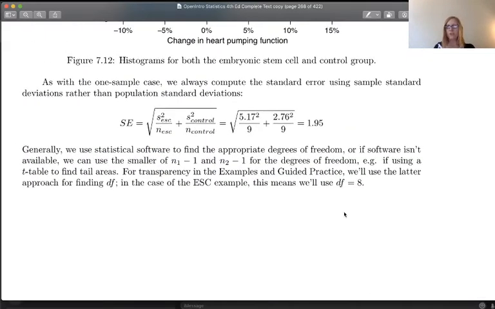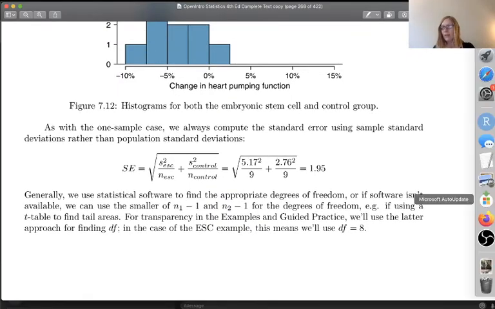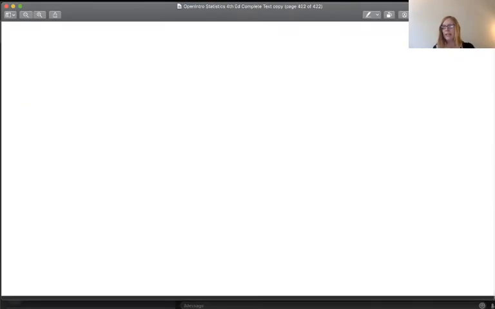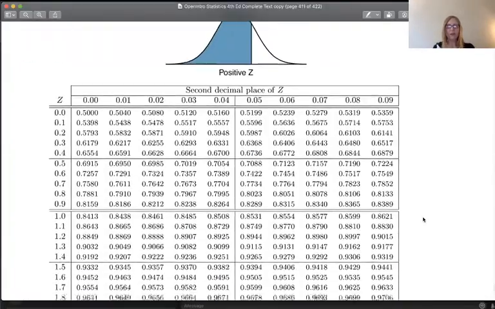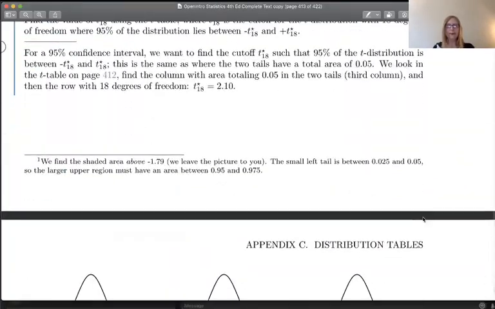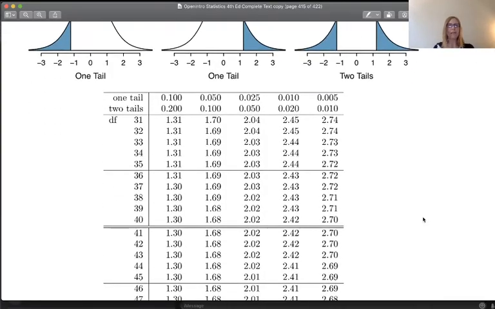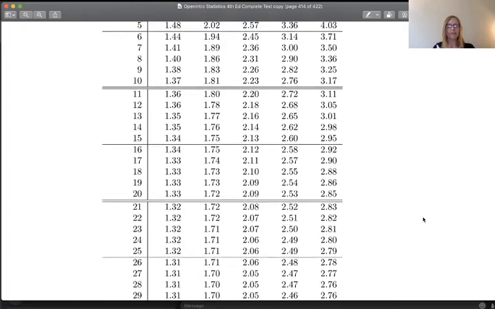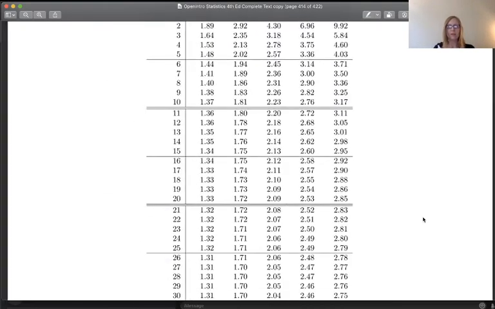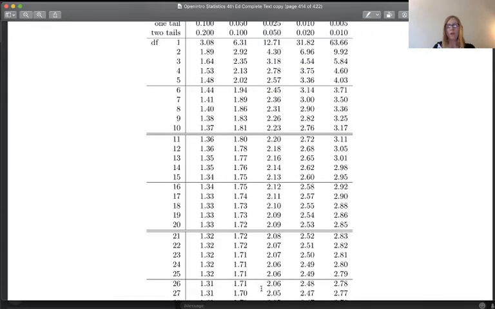Let's go over to the table. It's at the very end. Just find it by scrolling. Yeah, there we go. Looking at the t-table. Our degrees of freedom is 27. That's at the bottom here.